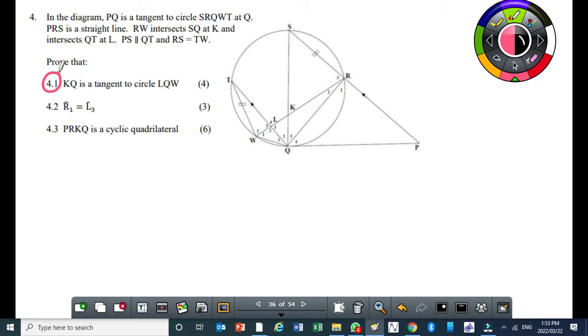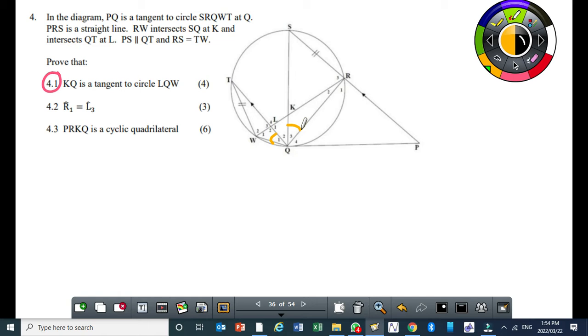4.1. All right. If you look at it, we are told that SR is equal to TW, right? Those are chords. Remember I told you there are three corollaries on equal chords being equal to equal angles at the circumference and equal angles at the center. So what that means is that angle Q1 is equal to that angle Q what?